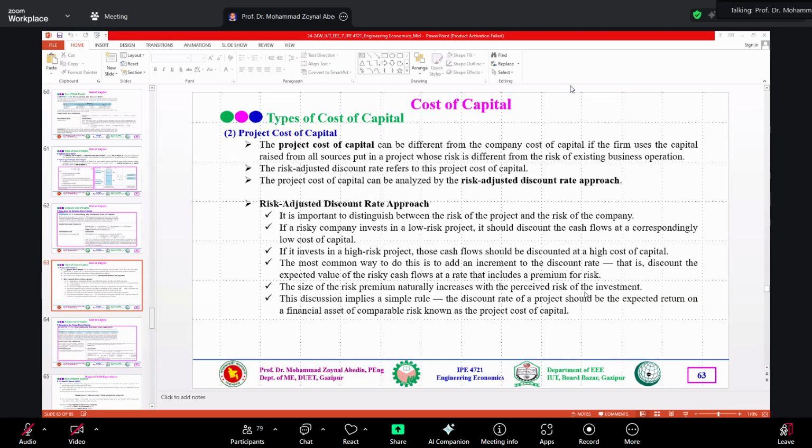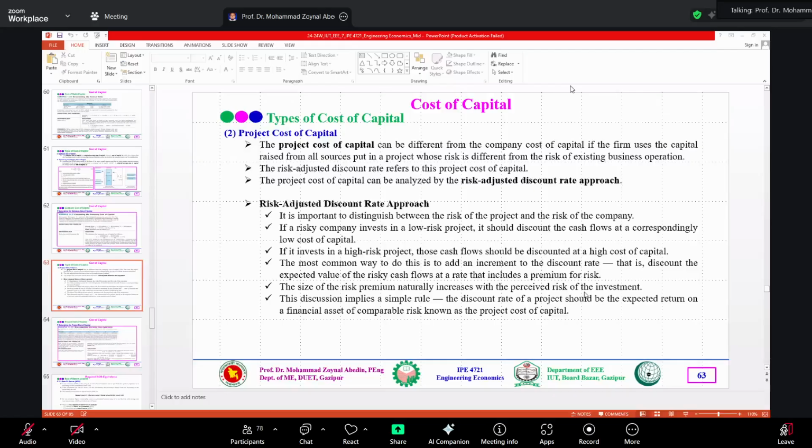On the other hand, if it invests in a high risk project, those cash flows should be discounted at a high cost of capital. So the most common way to do this is to add an increment to the discount rate, that is, discount the expected value of the risky cash flows at a rate that includes a premium for risk. The size of the risk premium naturally increases with the perceived risks of the investment. This discussion implies a simple rule.